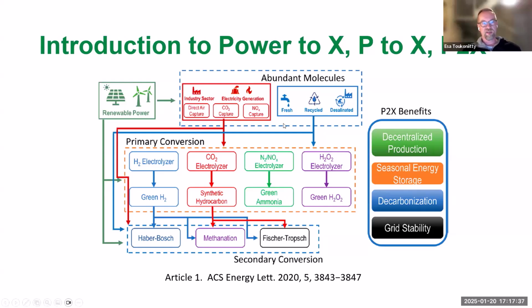So the primary function of this system is in principle that it can store excess renewable energy when there is no need for it. You can use the electrolysis technique to store it into chemicals like hydrogen, which can then be used later on for something useful. So it helps in the seasonal energy storage problem.